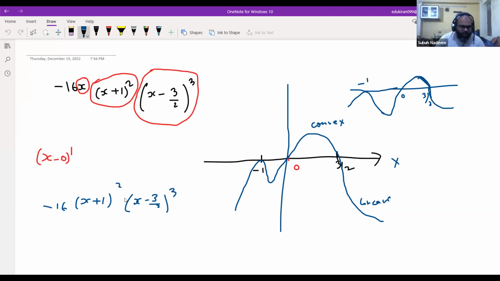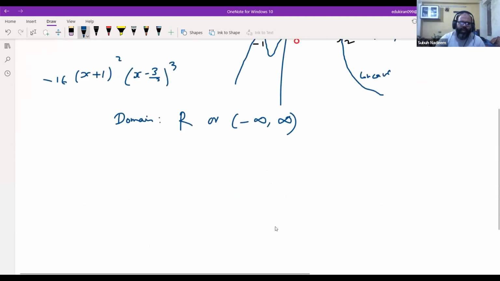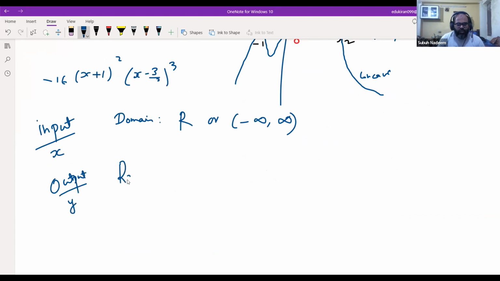So the domain in that graph is actually coming out to be real numbers, which you can also say is -infinity to +infinity. All the values of x will be taken as the domain. That is input, that is x, and output, that is y, is the range.